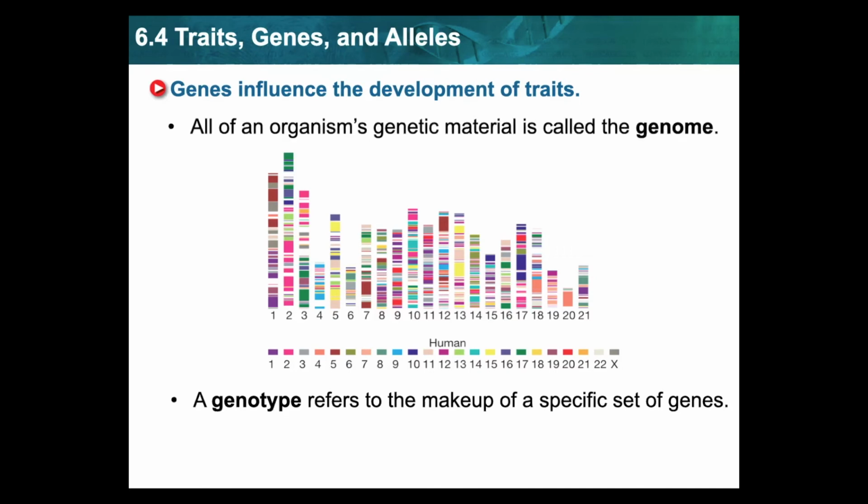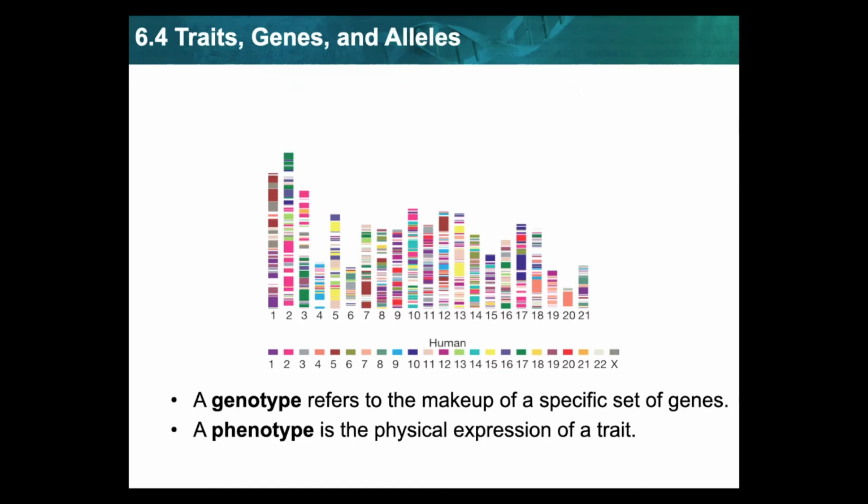A genotype, the bottom one below the picture, refers to the makeup of a specific set of genes. So a symbol for the kinds of genes in your body is a genotype. So you might, for example, have 2 genes for blue eyes. Usually we indicate that with 2 lowercase b's.